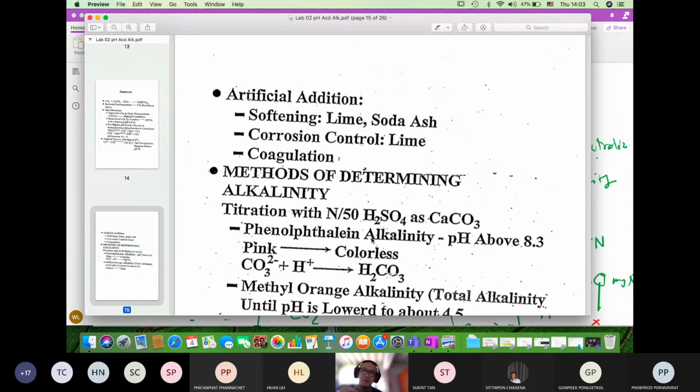Especially the addition of alum really requires a pH in the neutral range. The acidity should not be too high, and alkalinity also should not be too high. So it should be in the middle range.